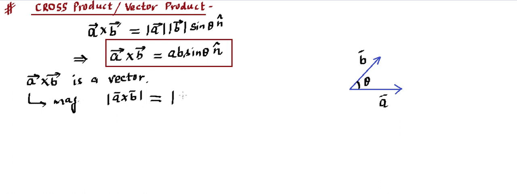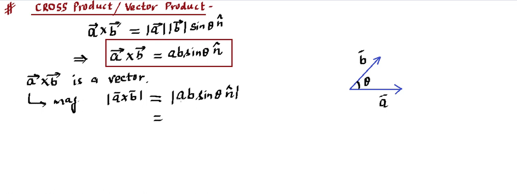So it's going to be A, which is a positive number, B, which is a positive number, sine theta, and n cap. Now there are properties of the mod operation. When we apply this mod on quantities which are in multiplication, it can be applied separately on all the quantities, or we can say positive multiple quantities can be taken outside.